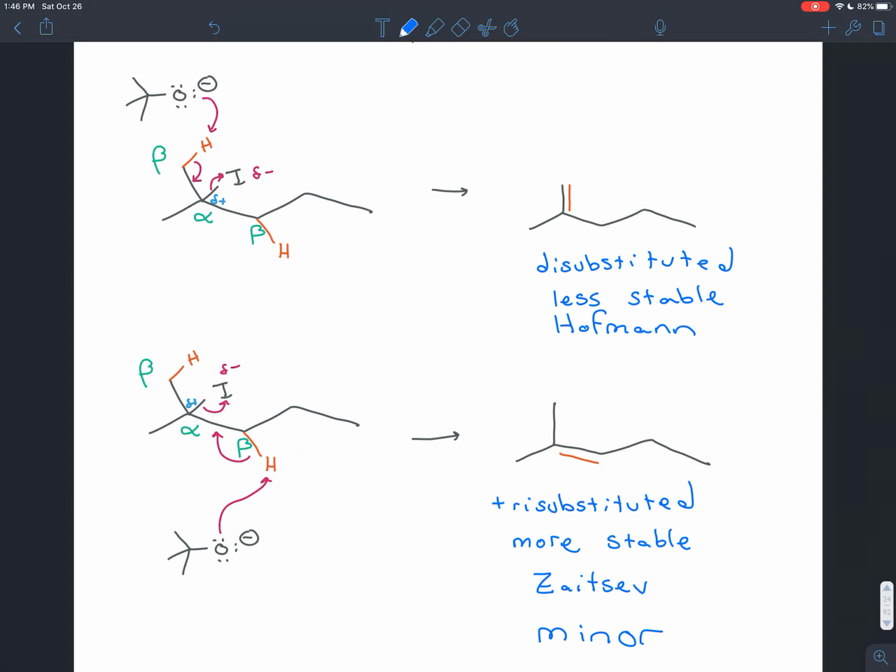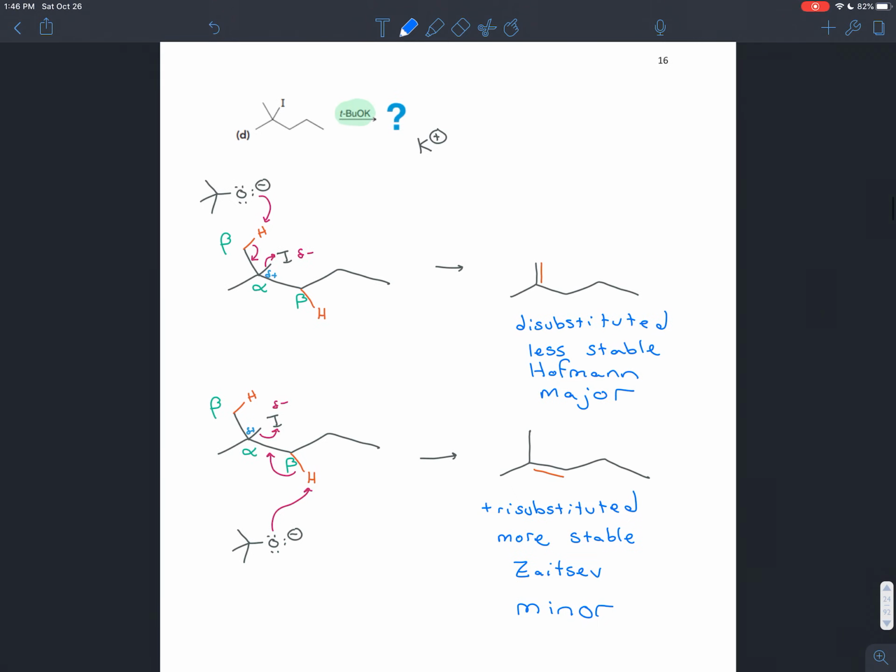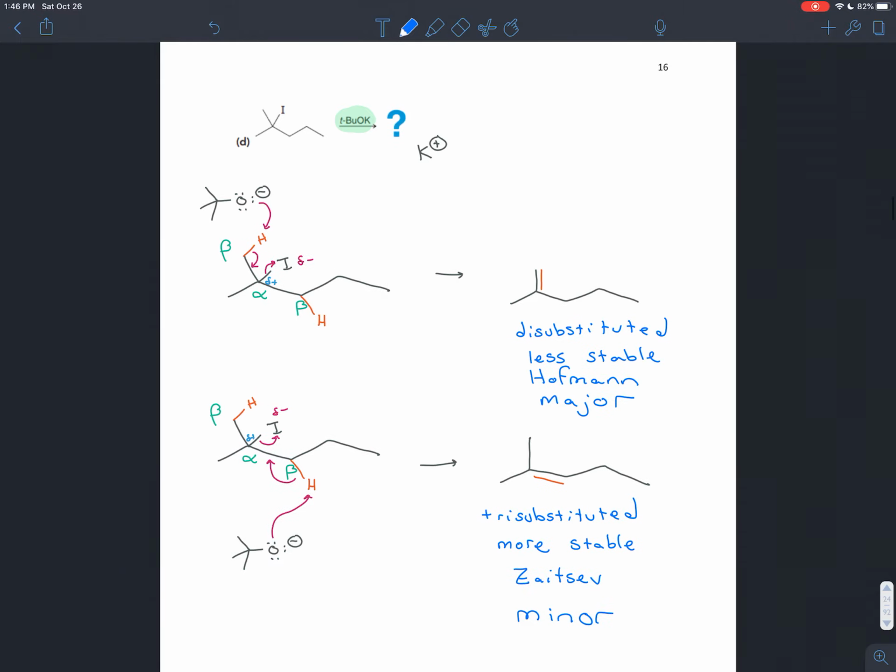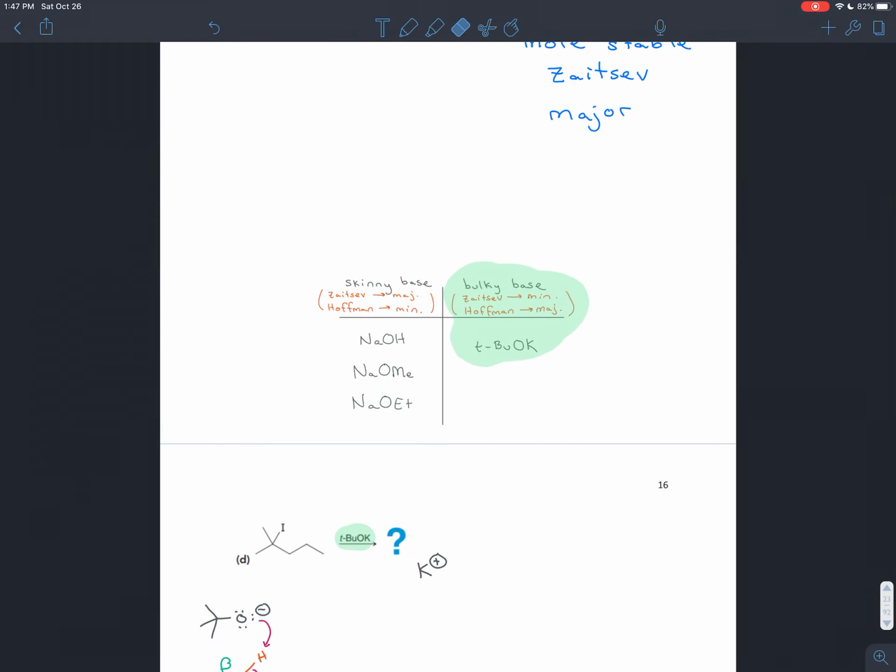So that forms less often. It's much easier for it to reach a less crowded place, which gives you the Hofmann product. So that's the major product here. So those are the two products you get in that elimination reaction, that E2 reaction. And the major and minor products are dependent on the bulky base. We have a major Hofmann product, a minor Zaitsev product.